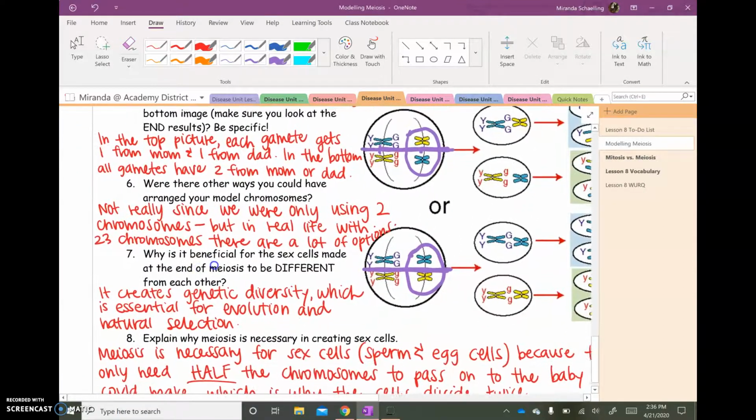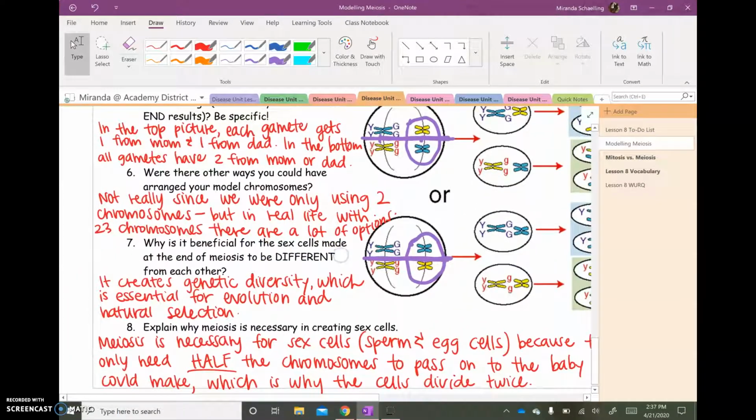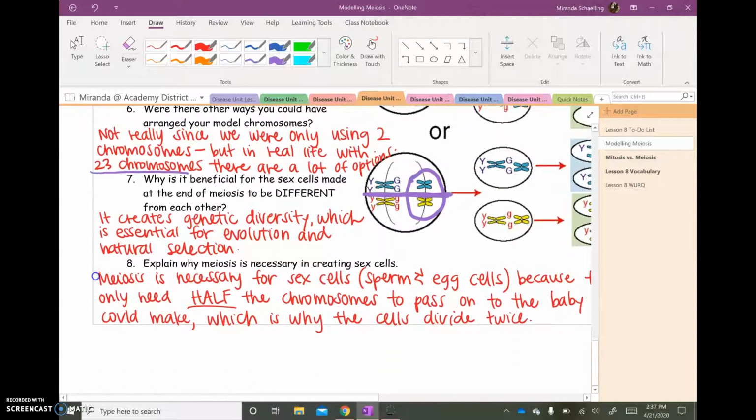So then it's asking us, are there other ways you could have arranged your model chromosomes? Now, we couldn't really, since we were only using 2 chromosomes, but in real life with 23 chromosomes, there are a lot of options. So basically, if we roll the dice 23 times, that's how many options we've got there.